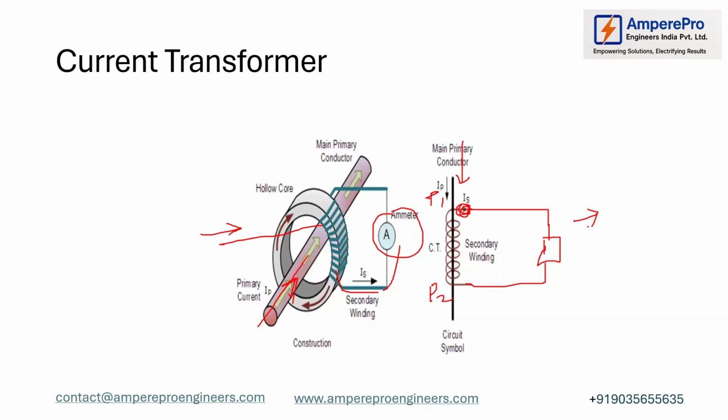Once you do that, you may find that one of the reasons it could have tripped is this polarity change. So this symbol is very, very important and significant.